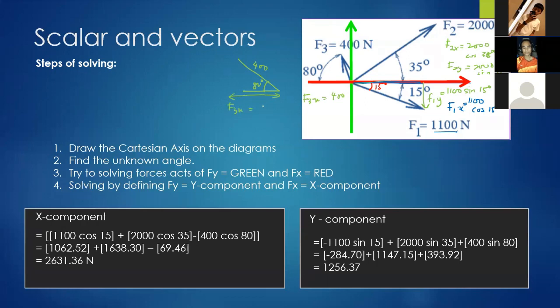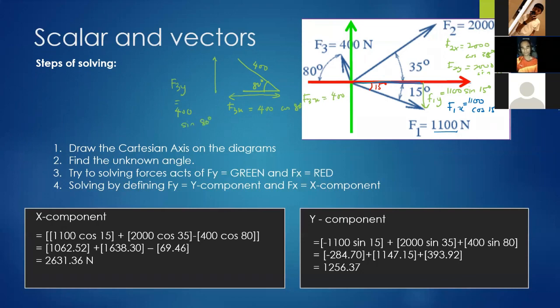F3x equals 400 cos 80 degrees. F3y equals 400 sine 80 degrees. Yeah, there you have it.